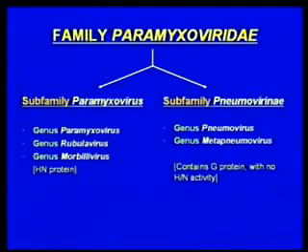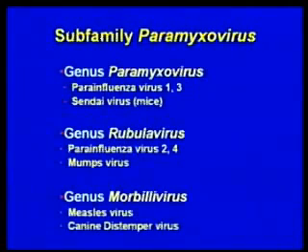Whereas the subfamily pneumovirinae, of which the chief member in the genus pneumovirus is the RSV virus, which we're going to talk about in great detail later on, and the newer added genus metapneumovirus, human metapneumovirus, the chief pathogen that we know a lot about now, does not contain the HN protein, but contains the G protein instead. So there's a little difference between the two families.